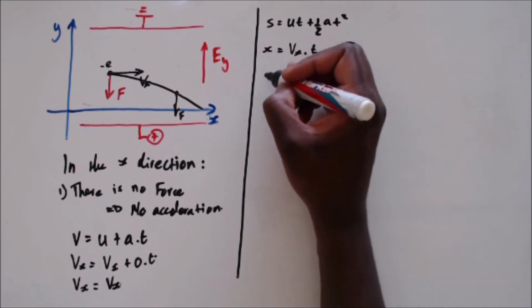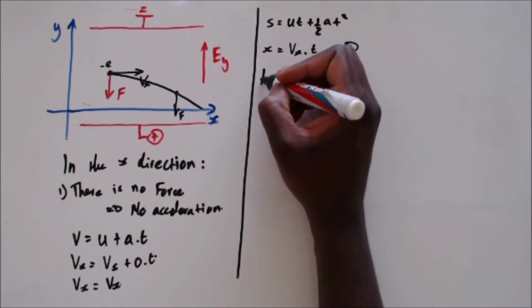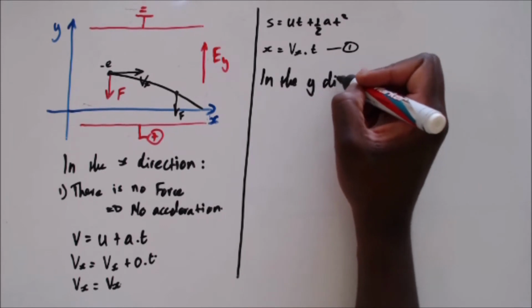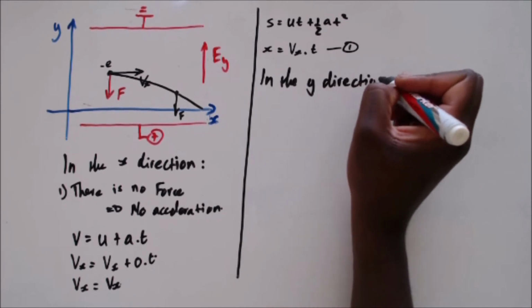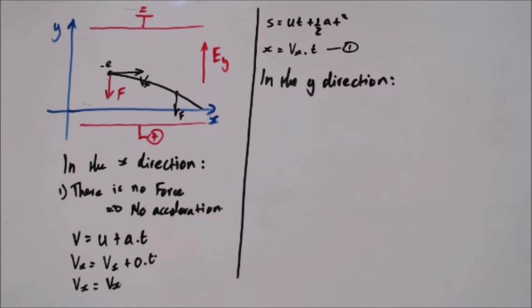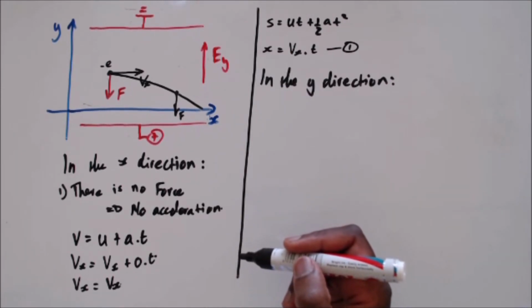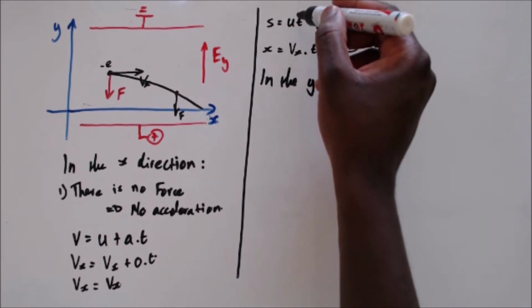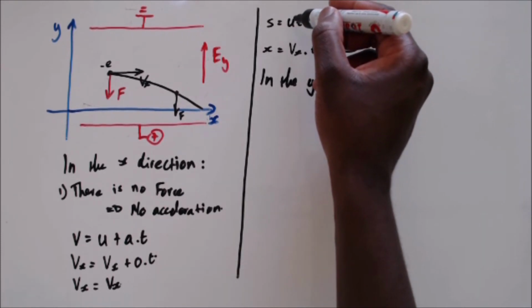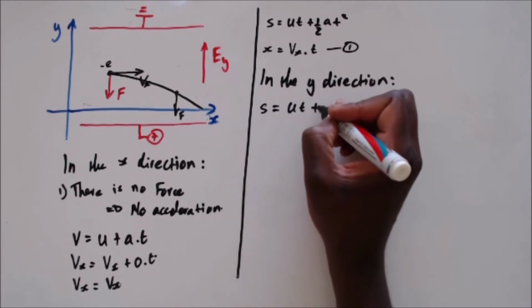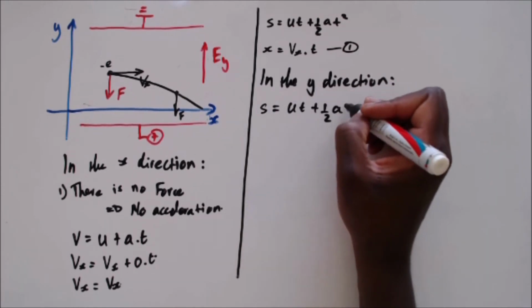So let's go through and then look at the y direction. And this is going to be a little bit more interesting because there is an acceleration in the y direction. What we can say is, let's take the same equation over there, which is S is equal to ut plus 1/2 at squared.